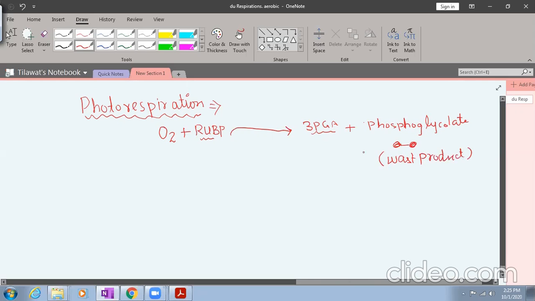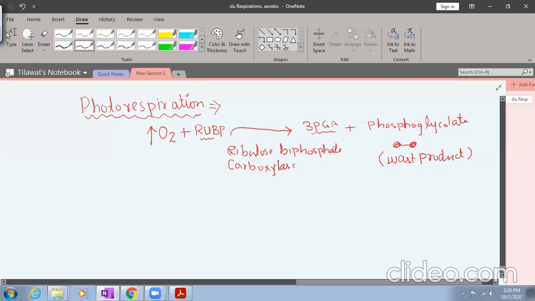This combination of oxygen with RuBP will happen when oxygen concentration is high, and in the presence of the enzyme ribulose bisphosphate carboxylase.